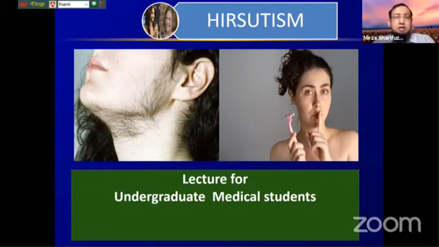Again, this is not an important topic for the undergraduate student because it's a rare thing that you have to face in the exam, but you have to know some basics: what it is, why to treat, how to treat, who should treat it.